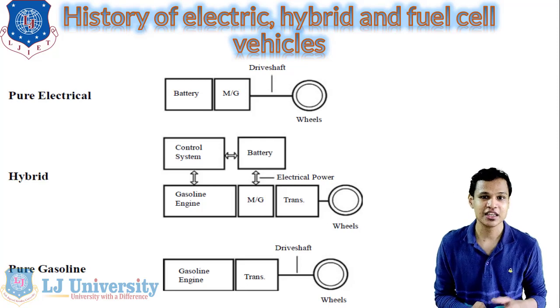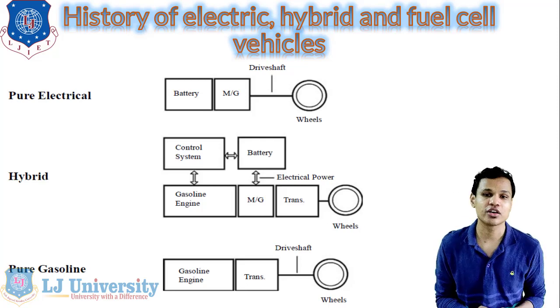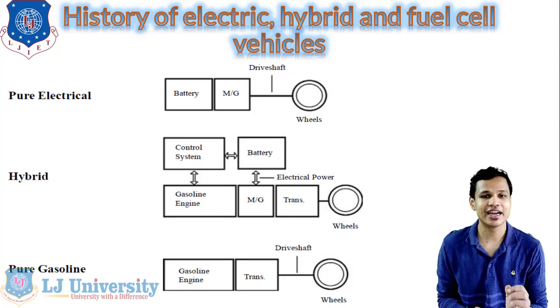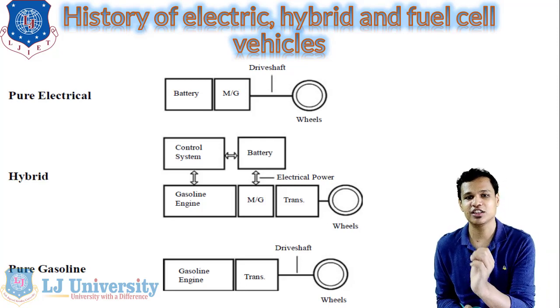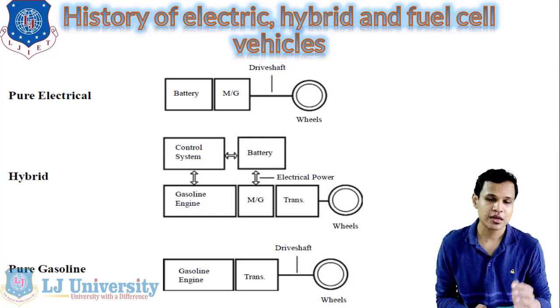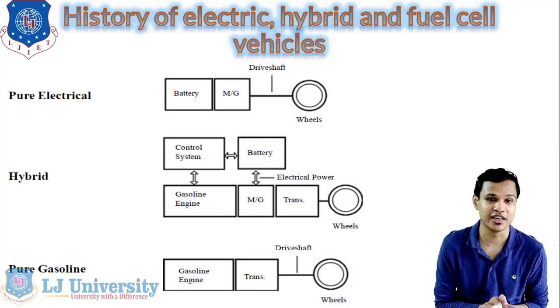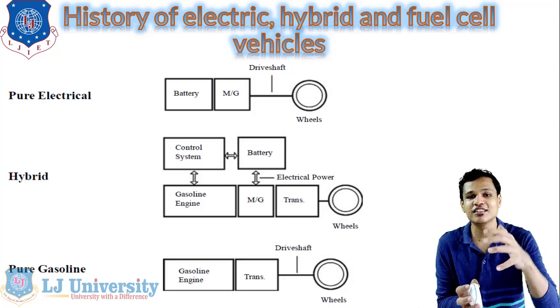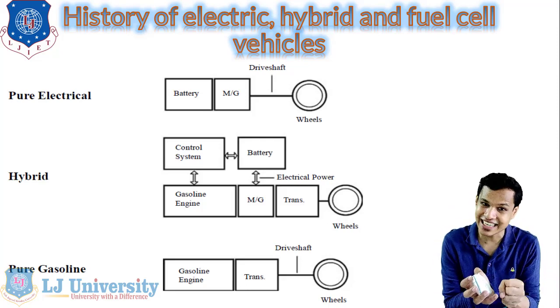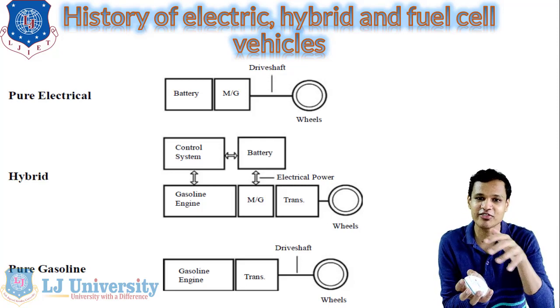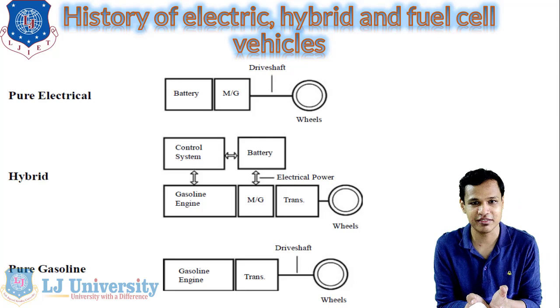So that is a smaller case that again needs to be solved, but for that first the electric vehicle needs to be increased, right? In the first or topmost figure, you can see the pure electric vehicle. In that, the battery is connected with motor and generator assembly. With that, the drive shaft is connected and the power is transmitted. So you can see that hybrid is the combination of the pure electric and pure gasoline vehicle. Right? You can see both of them. If we combine them, it becomes hybrid vehicle.